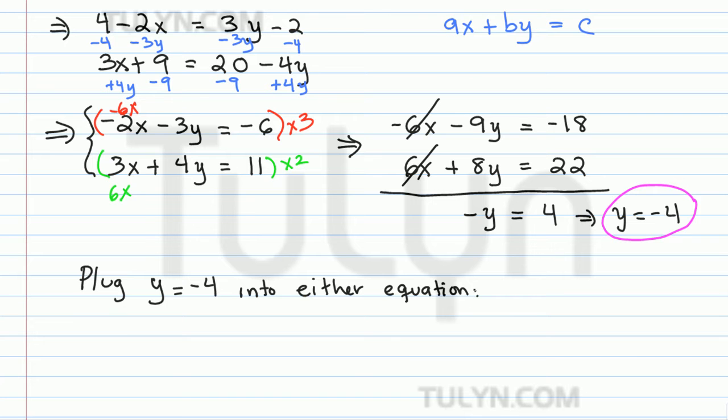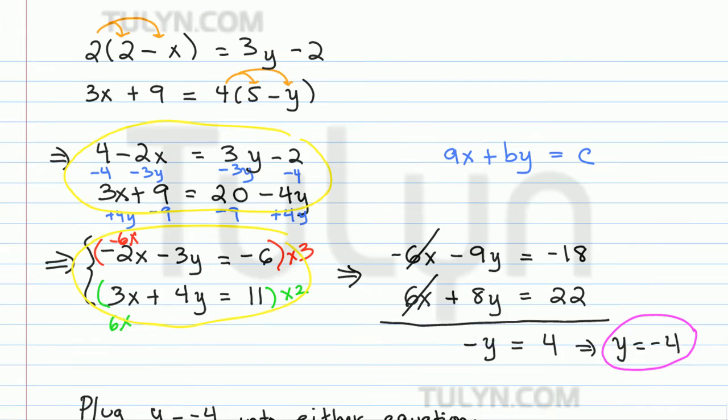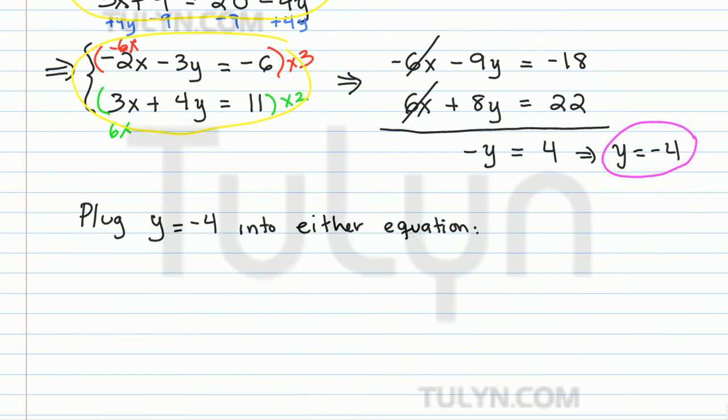And since we didn't change the equations, it suffices to use these, which were the ones we left with, as opposed to going all the way back to the beginning and using those at the top. So, using one of these two equations, it looks like the second one might be easier to deal with. So let's plug y is equal to -4 into the second equation.